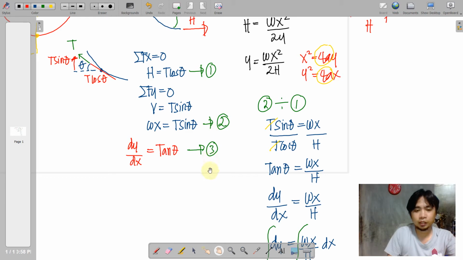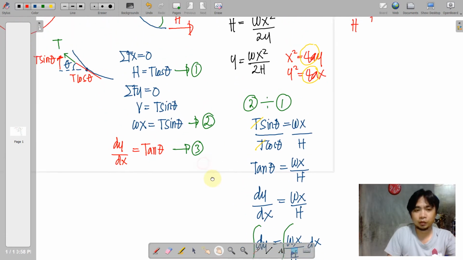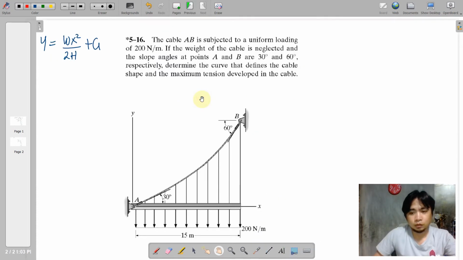So let me show you an example on a unique problem wherein we need to derive the equation of the curve first before coming up with the tensile forces on the parabola or on the curve. Okay, so let us have this problem.